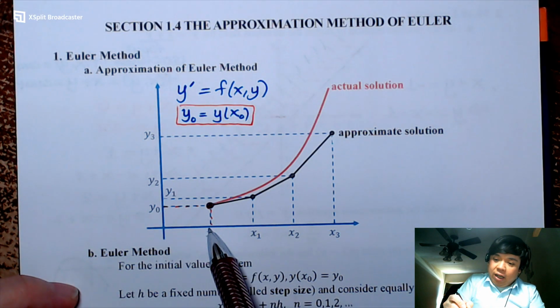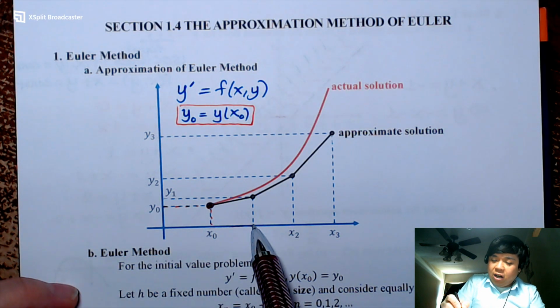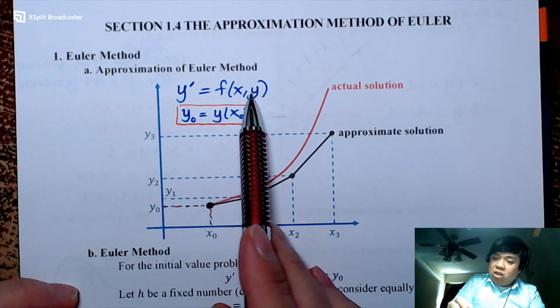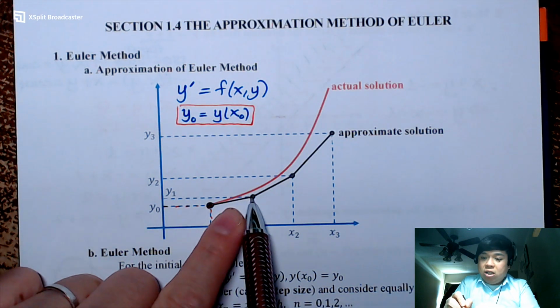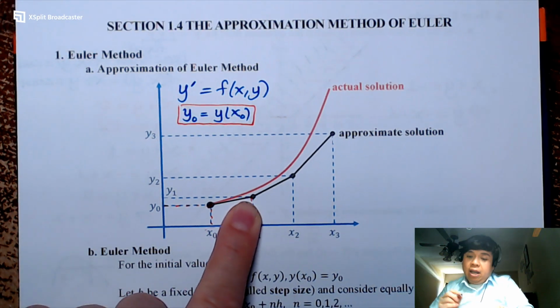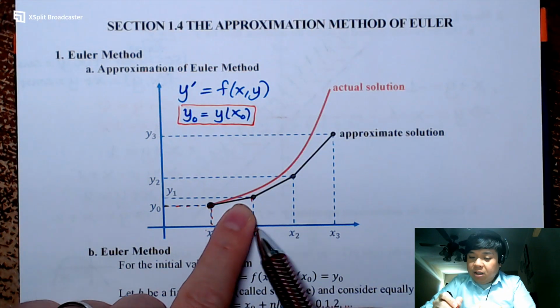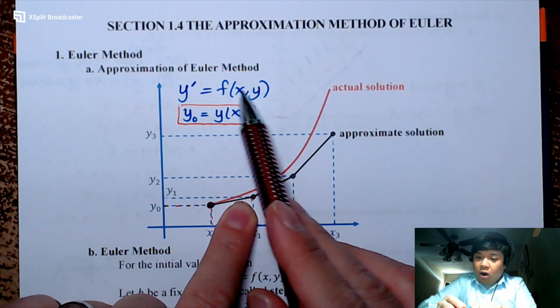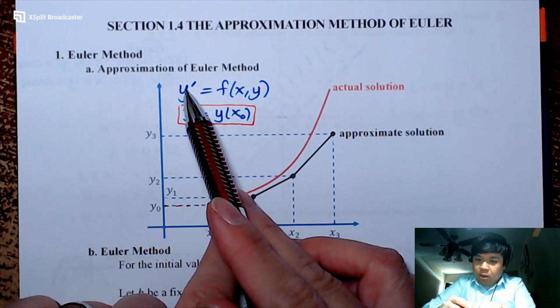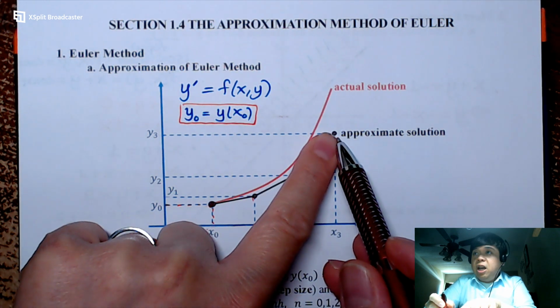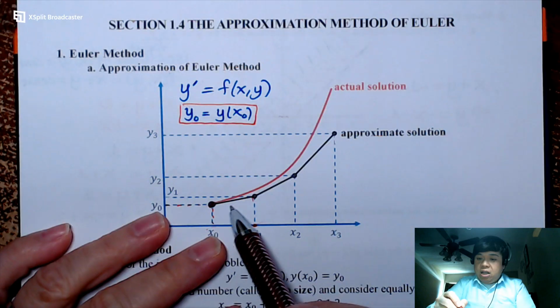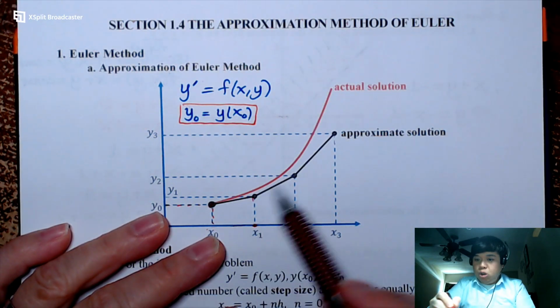If we have x naught to x1, we can base on the slope to go to the next solution. So the approximate solution is going to be there. And then if we want to go to the next step, we trace along the slope, go to the next point and go to the next one. Essentially, we get the approximation of the solution.